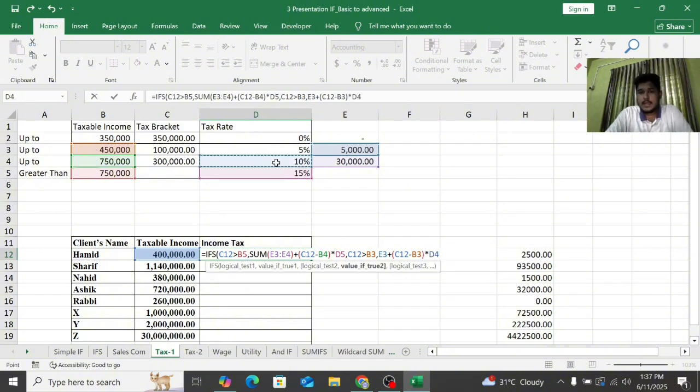This will be our answer. And what if the result is more than 3,50,000?